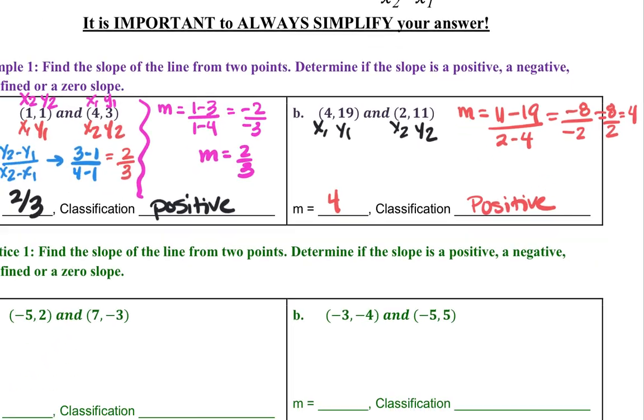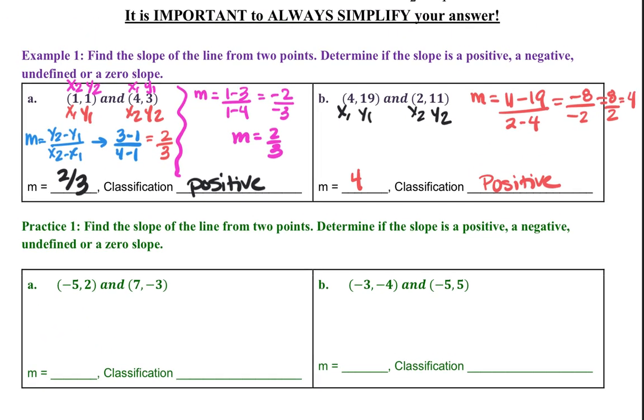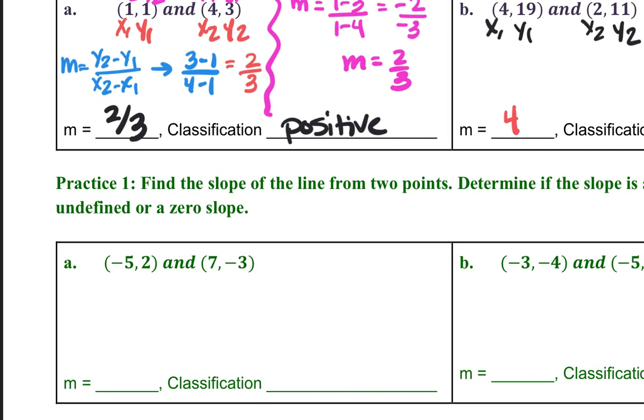All right, I'm going to go ahead and give you a moment to try the practice. All right, so let's go ahead and go on. So we should have labeled it, for the most of us, x1, y1, x2, y2. And again, you could have done it the other way. The other way is fine as well. This is going to be negative 3 minus 2, and then 7 minus a negative 5. So be careful with that negative, because the minus symbol is part of the formula.